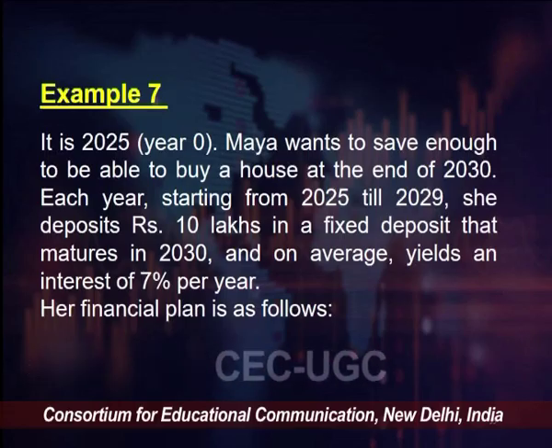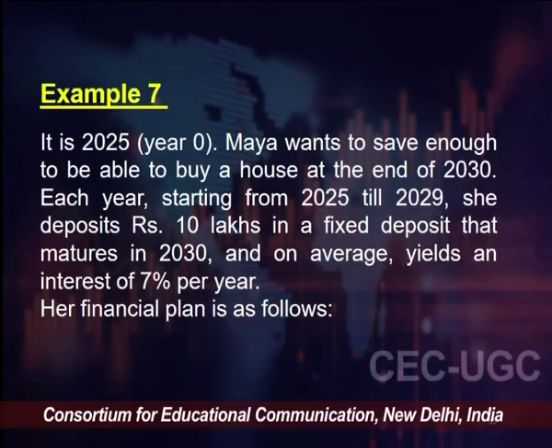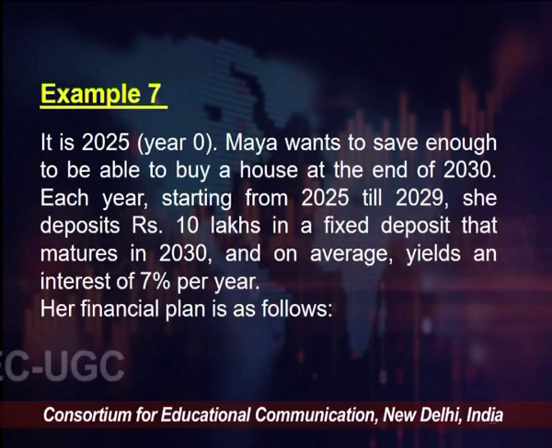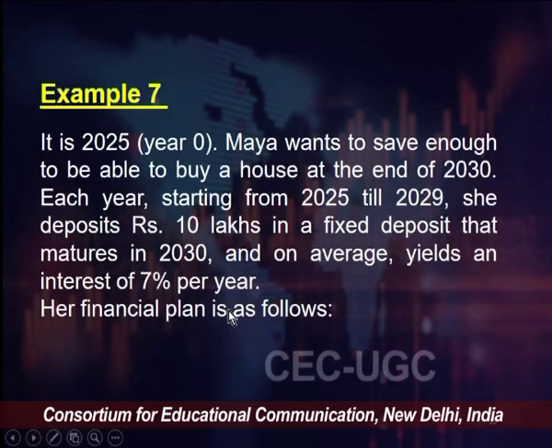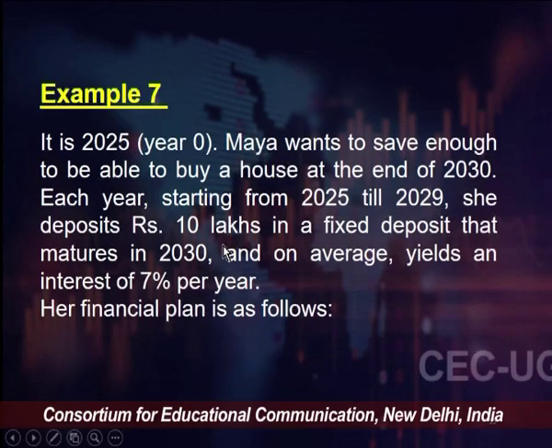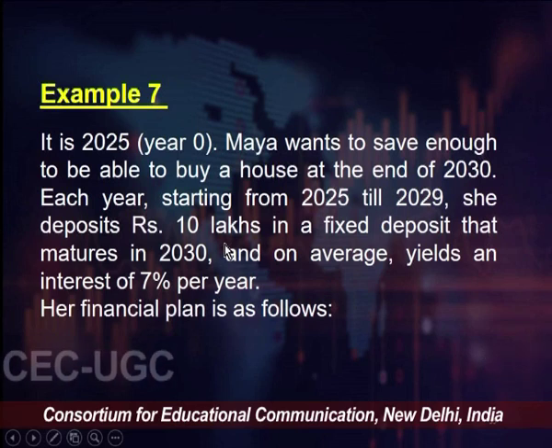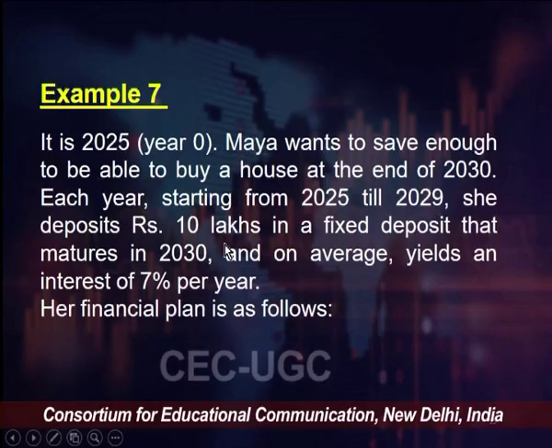And Maya is basically able to save 10 lakhs from a job or business, whatever. And what she does is every year starting from 2025, she puts the 10 lakhs that she saves every year in a fixed deposit that matures in 2030, because ultimately she wants the money in 2030 to buy the house.